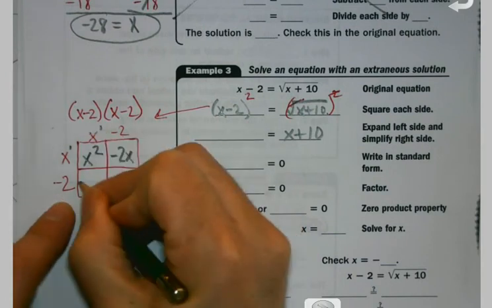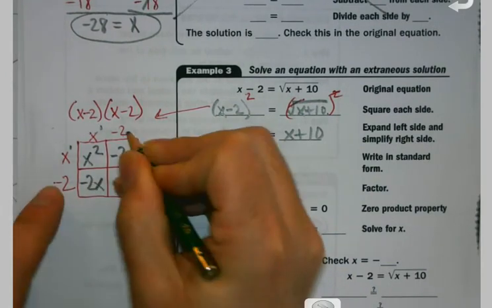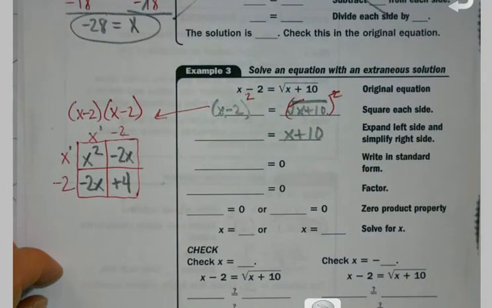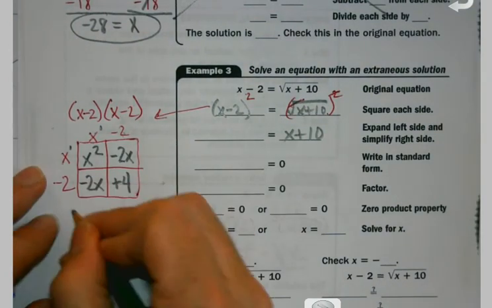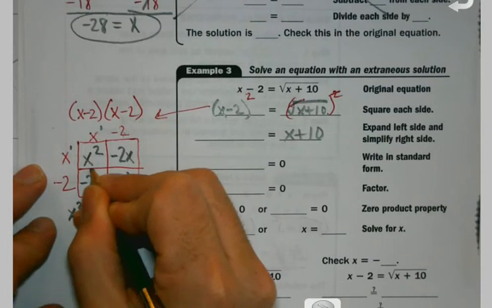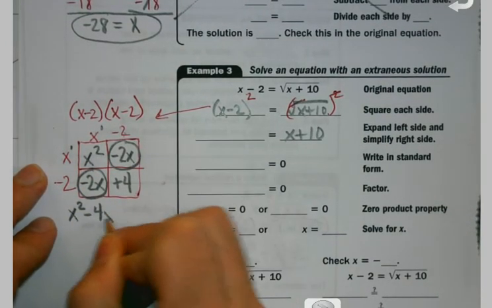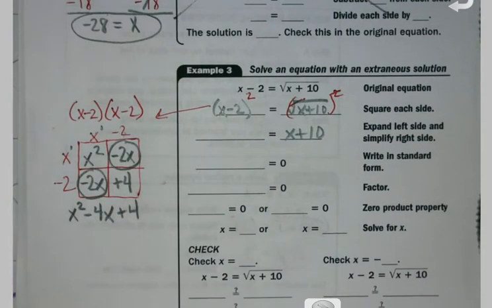Same thing working here. And negative times negative is positive. And once I have the box filled, now I'm just looking for common terms. Yep, no more messing with the exponents once I get the box filled.